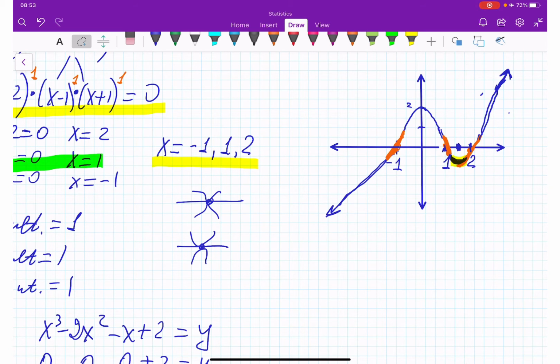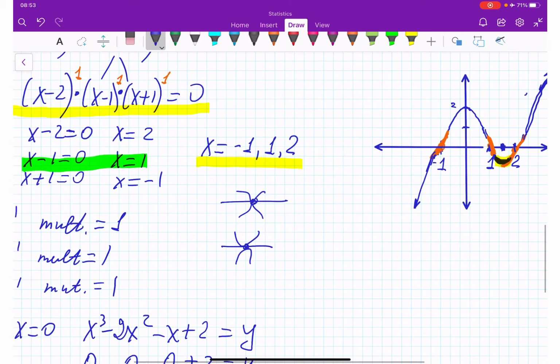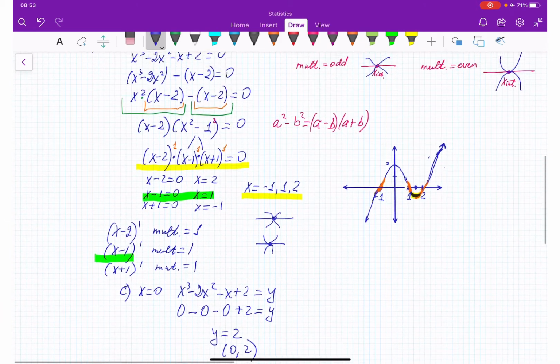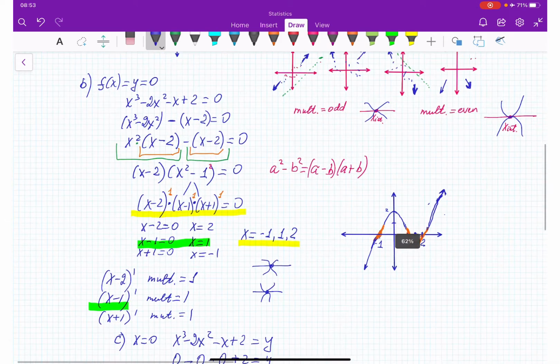All right, so this is what we have. Let me make this end behavior nicer. Okay, this is how our polynomial graph is going to look. We already built it and we are done. Okay, let's go to the next one.